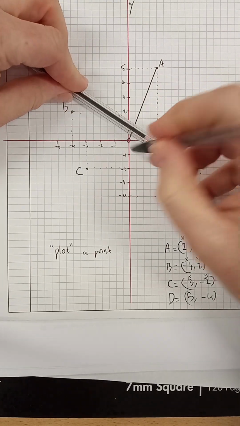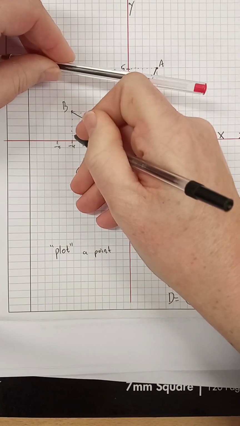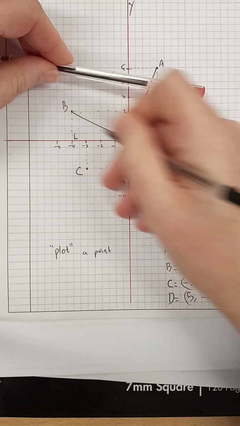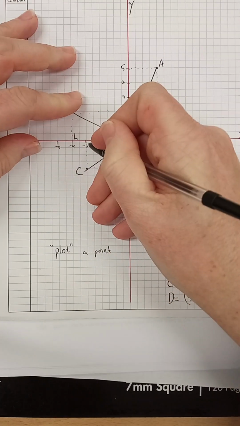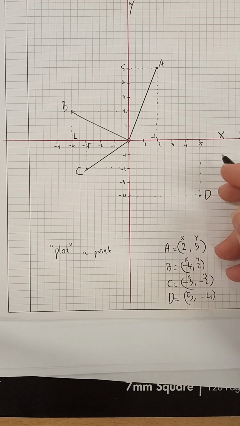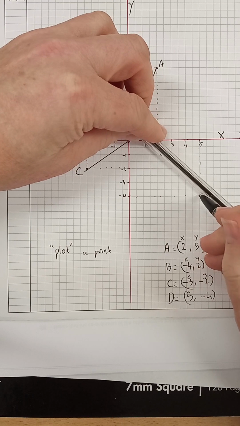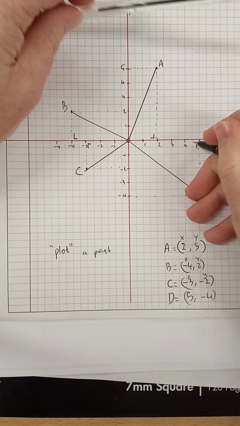And same thing with B, look. If I draw B back, it also creates a right angle triangle. The same with C. There's another right angle triangle there. And the same with D. So look, another right angle triangle.